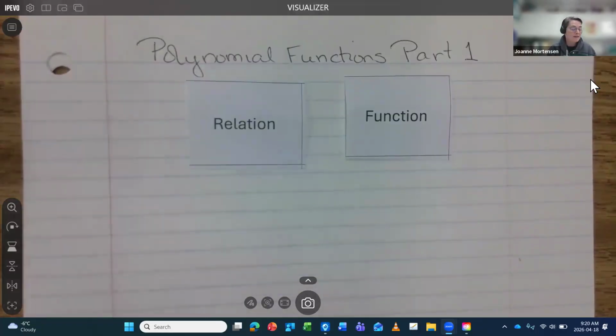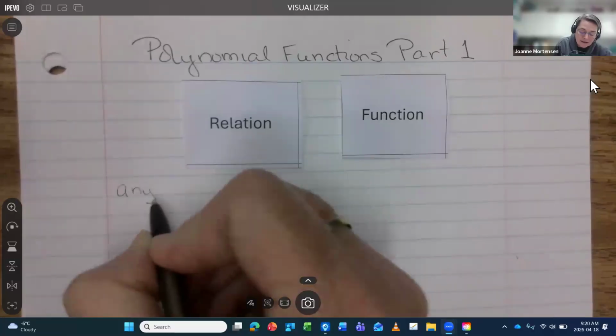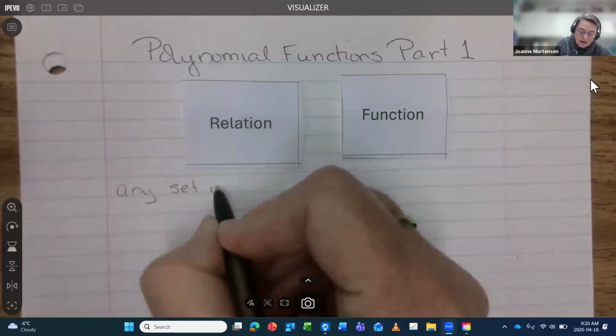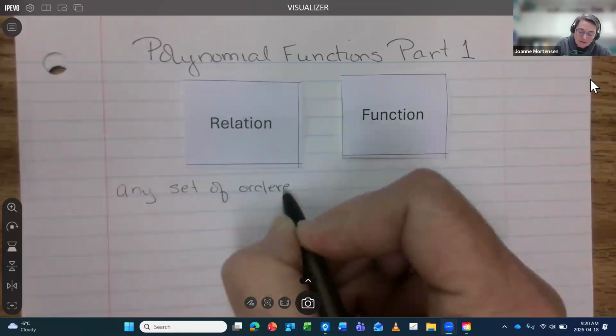Okay. So by definition, a relation is any set of ordered pairs.